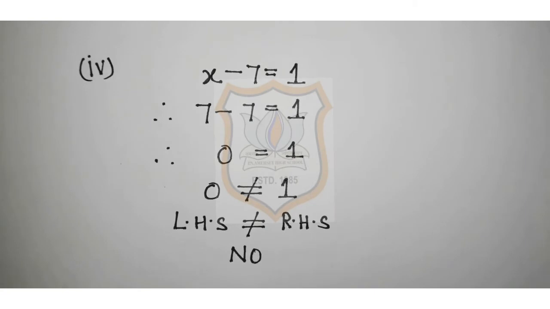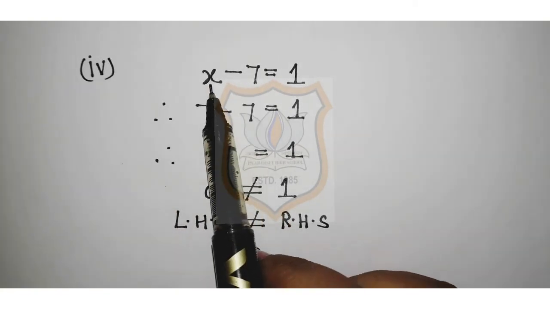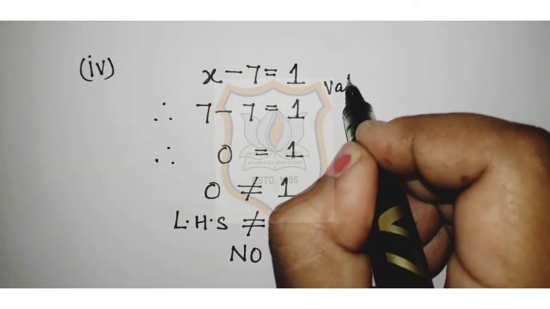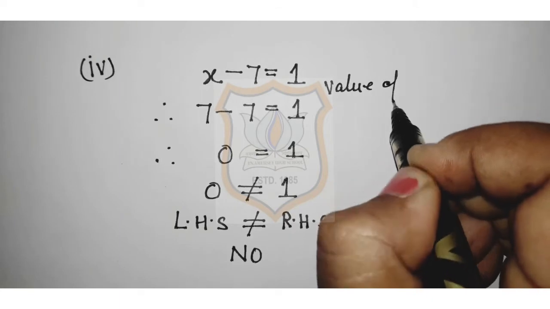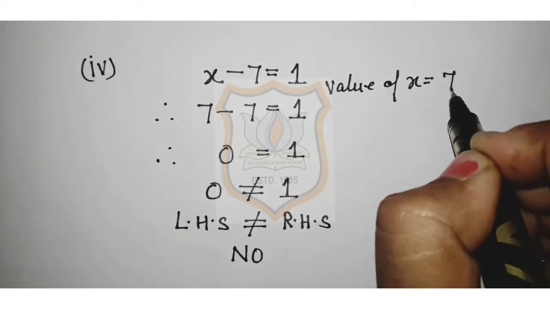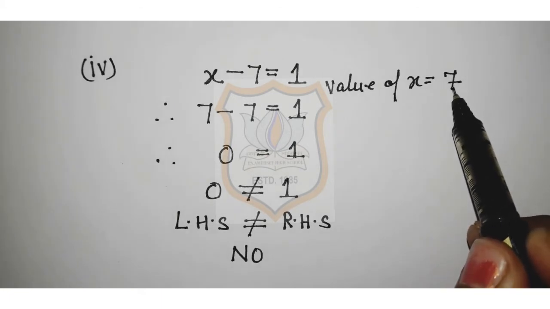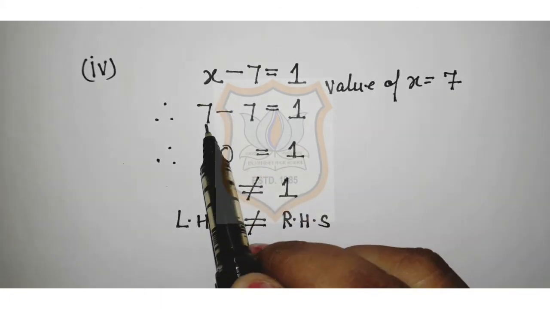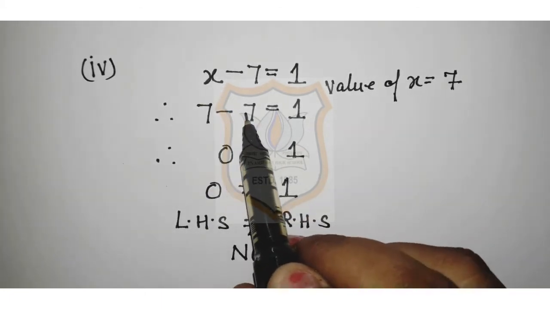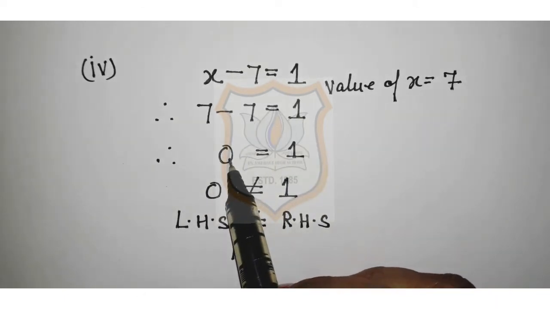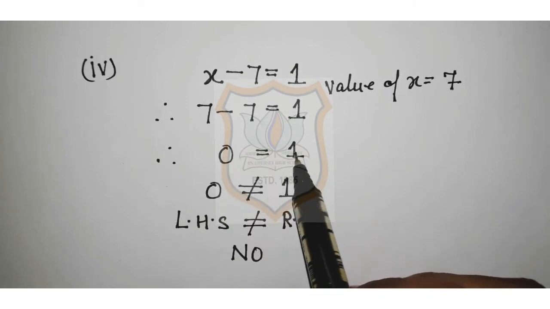Now we will solve part 4. Students, we will solve fourth part of question number 1 where equation is given that is x minus 7 is equal to 1 and value of x is equal to 7, that is given. Now in place of x we will write 7. 7 minus 7 is equal to 1. 7 minus 7 is equal to 0. 0 is equal to 1.